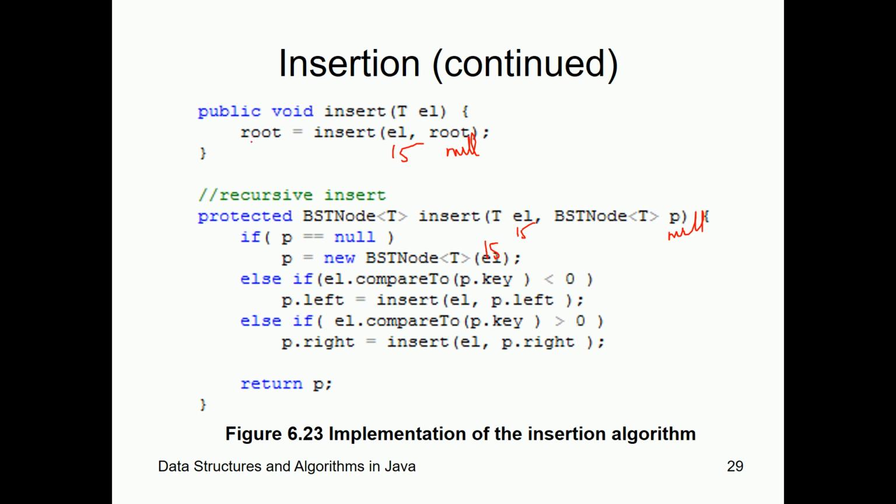What I mean is the method takes only one argument, right? This one, public void insert. Yes. And here we call it with two arguments, because there's another one. This method is overloaded.